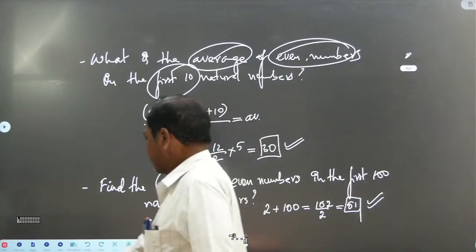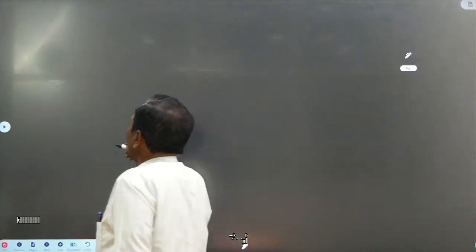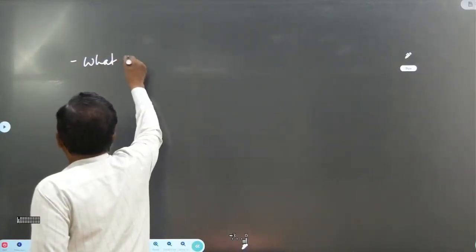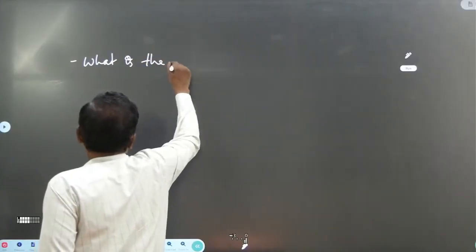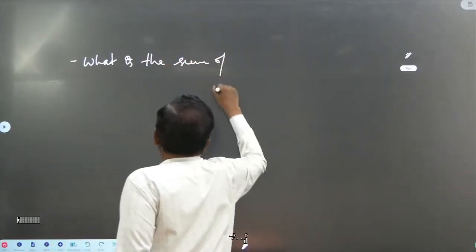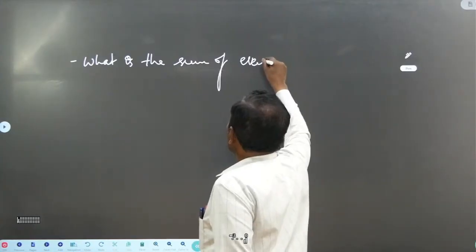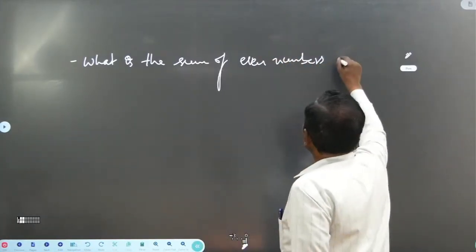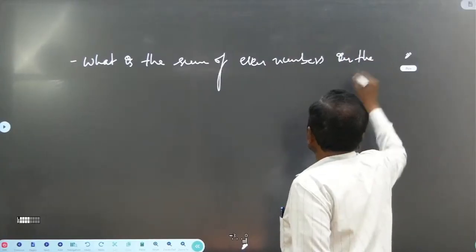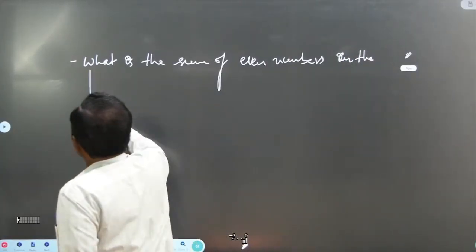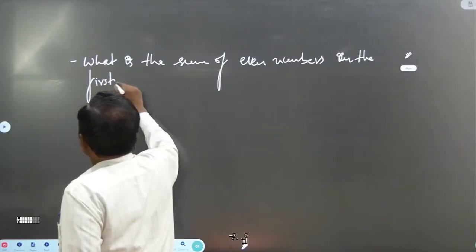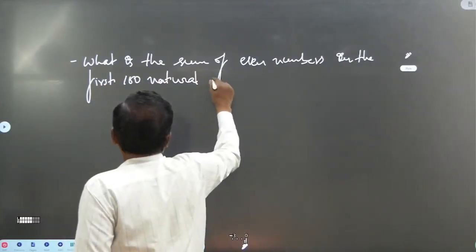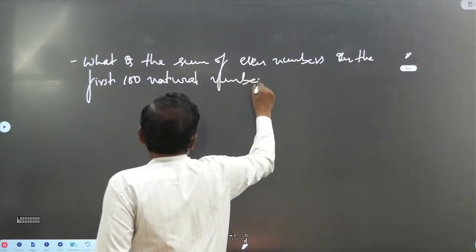Next you can see. What is the sum of even numbers in the first 100 natural numbers?